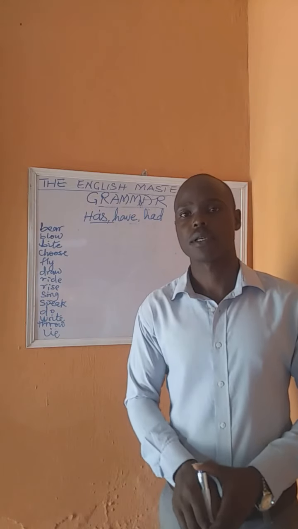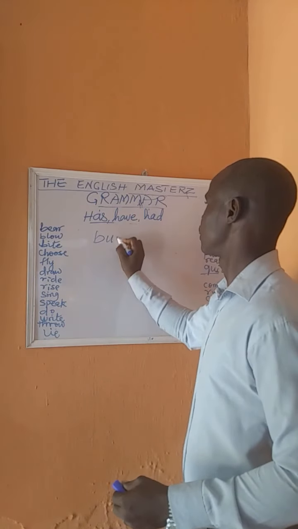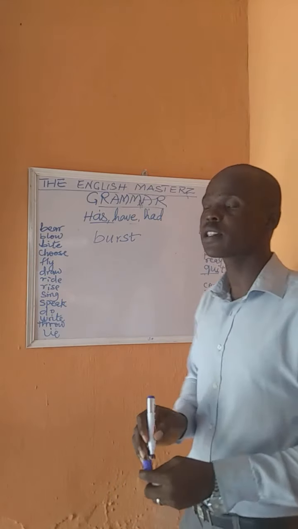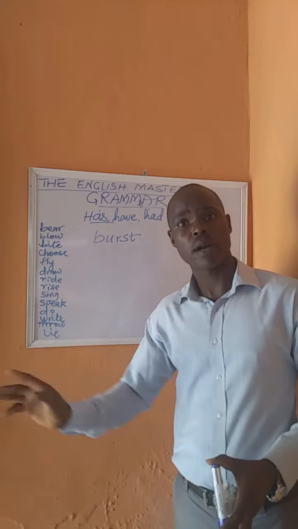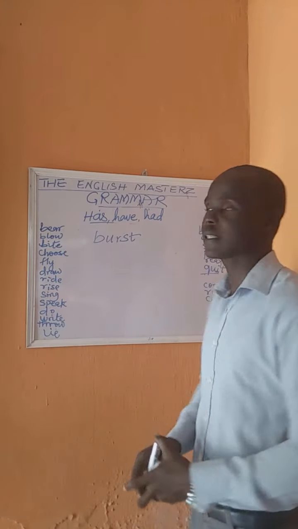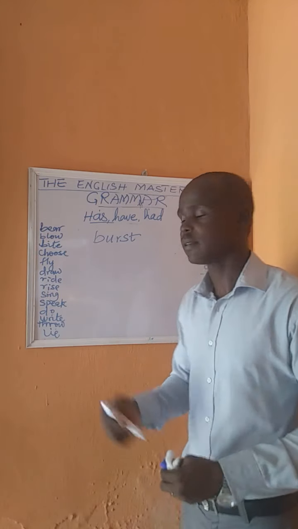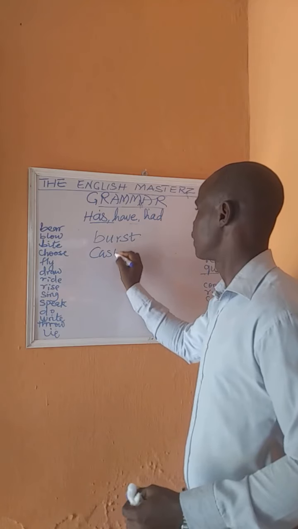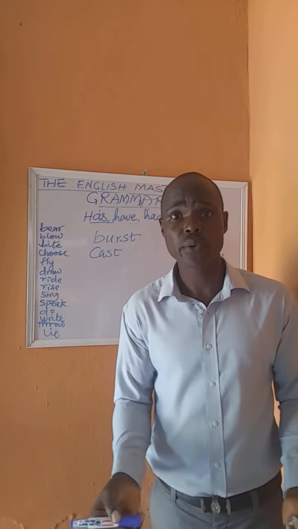Another example is burst, B-U-R-S-T. It's the same throughout. Burst, past tense, burst, past participle, burst. Now another example is cast, C-A-S-T. Cast is the same all through.